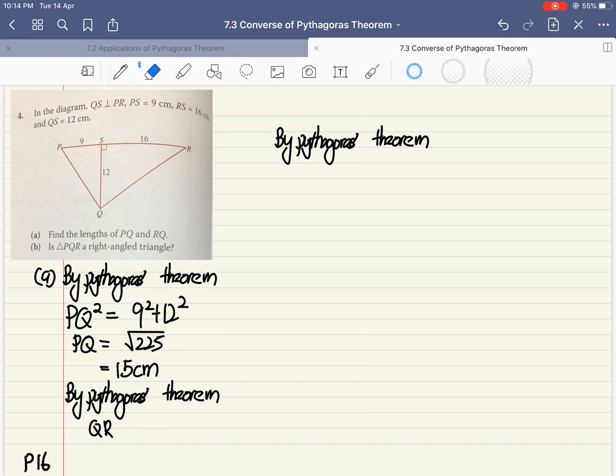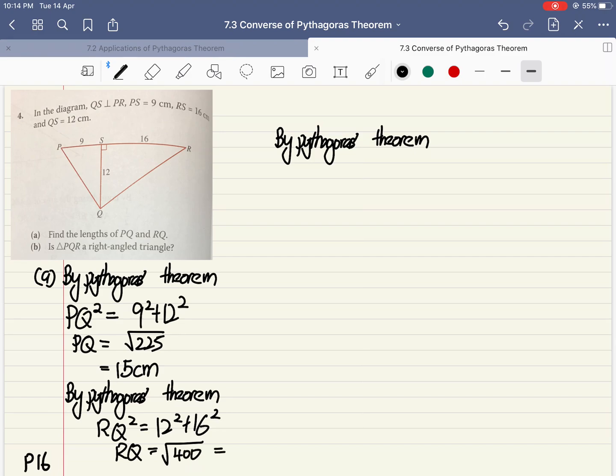By Pythagoras' theorem, I will say that QR square, sorry, they want me to find RQ, not QR. So I say RQ square is equals to 12 square plus 16 square. RQ is equals to square root of 400. So the value of RQ is equals to 20 cm.